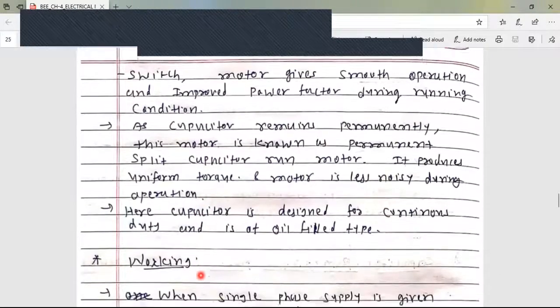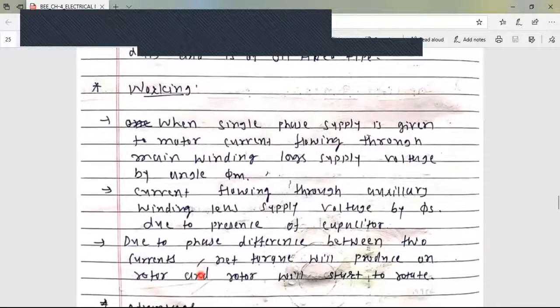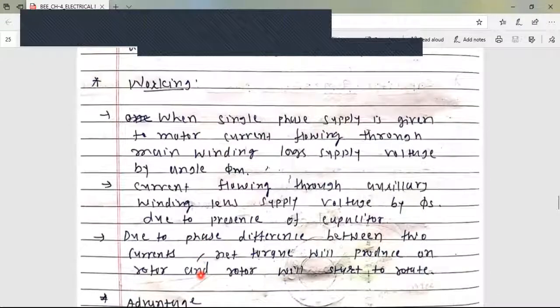Now we will see the working. Working is the same as the capacitor start induction motor. When single phase supply is given to the motor, current flowing through the main winding lags supply voltage by angle phi, as we have discussed in the previous type. Current flowing through the auxiliary winding leads voltage by phi due to the presence of the capacitor.